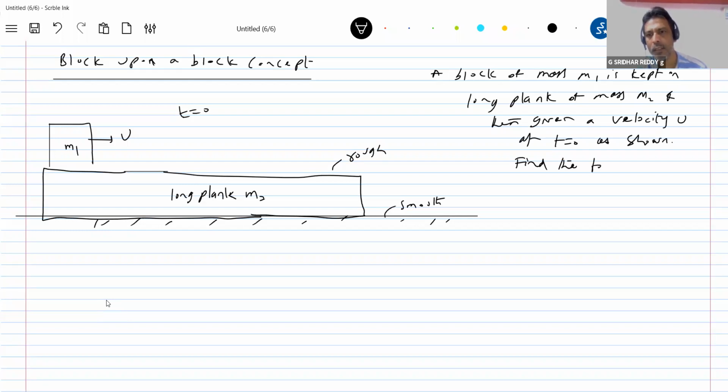Find the time at which both will move with common velocity. Okay, something he has put, he has given a condition.